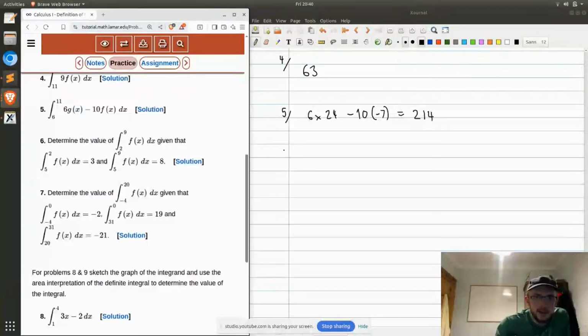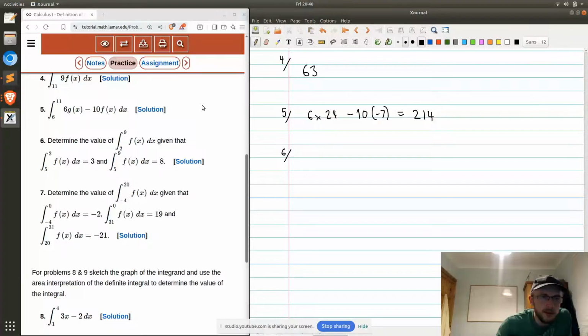Problem 6. Determine the value of the integral of f of x given that this and this. What do you do? You turn this one around and it becomes negative 3. And this one is 8. And then you have to add them together. And so you get 5.